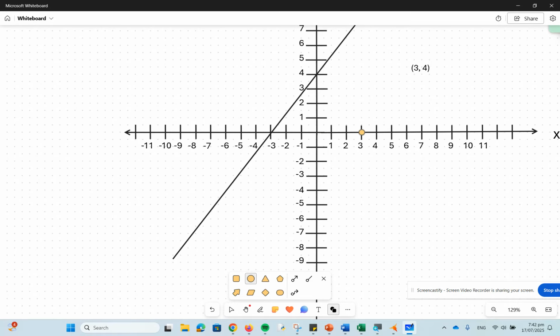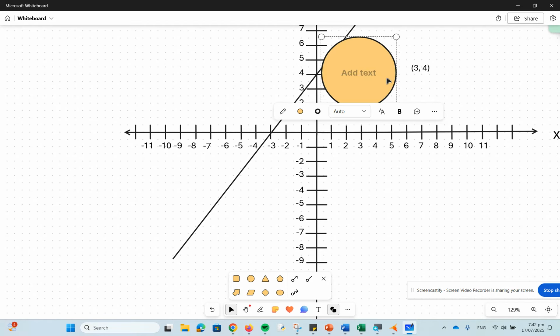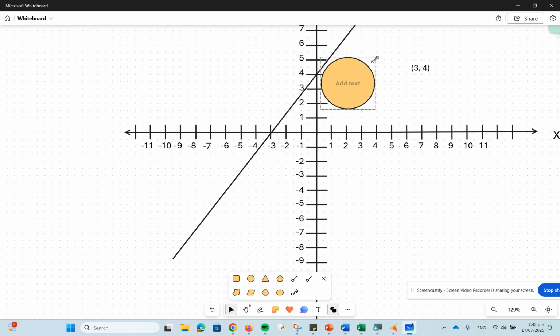I go across 3 and up 4, and that would be those coordinates. You draw the dot, and then write the coordinates x and y in brackets next to the dot. So that's plotting points on a coordinate graph, achieved level.